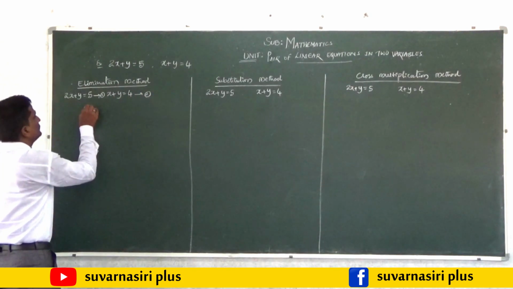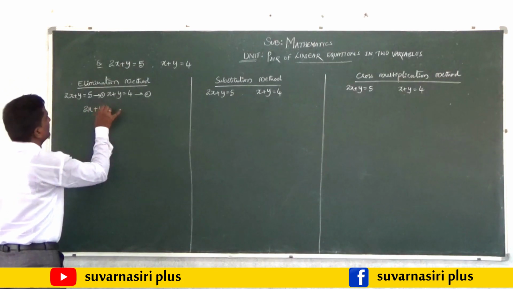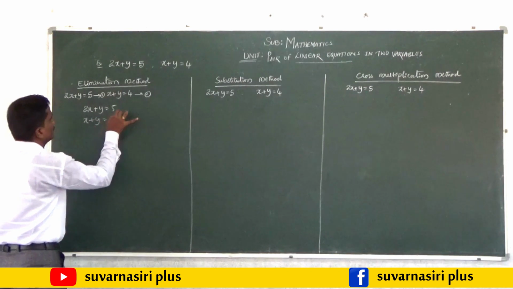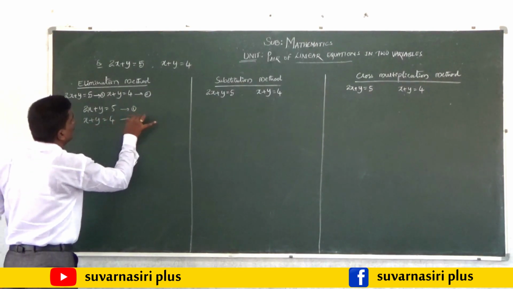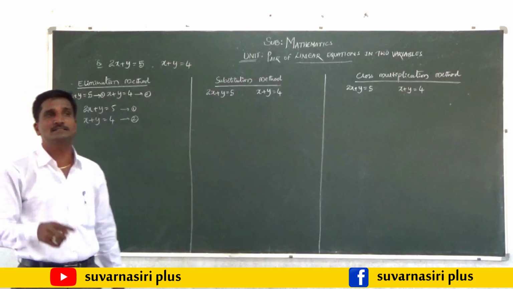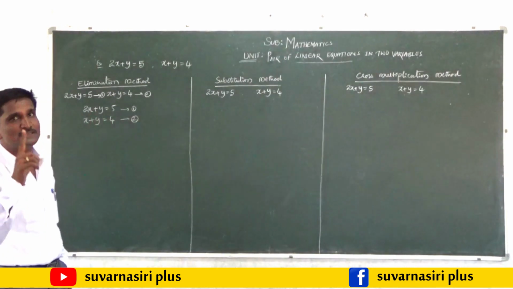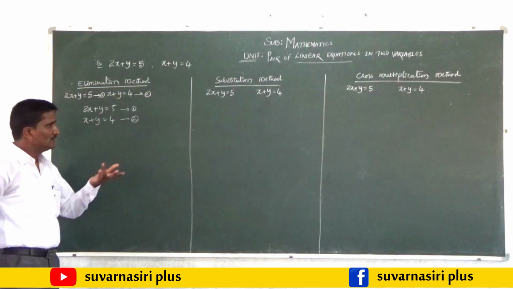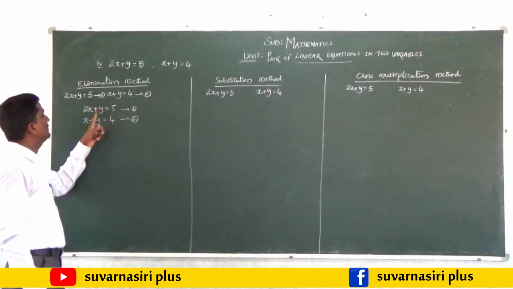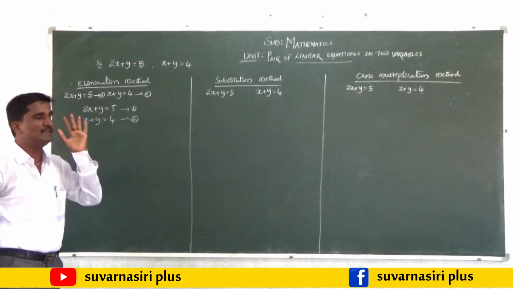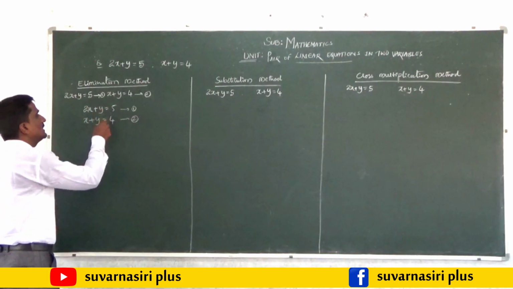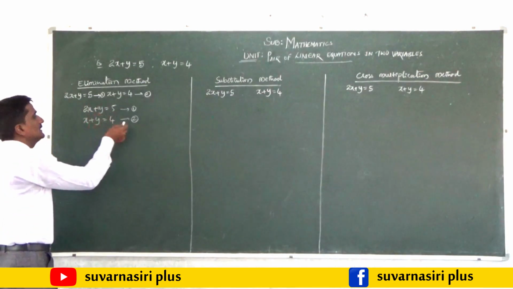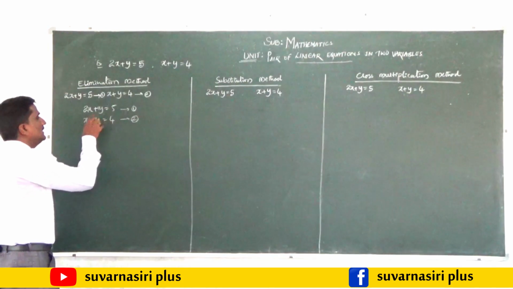First you have to see that in both equations the coefficient of one variable must be the same, so you can find the x and y values. See here, in the first equation the coefficient of y is already 1. Again in the second equation, the coefficient of y is 1.